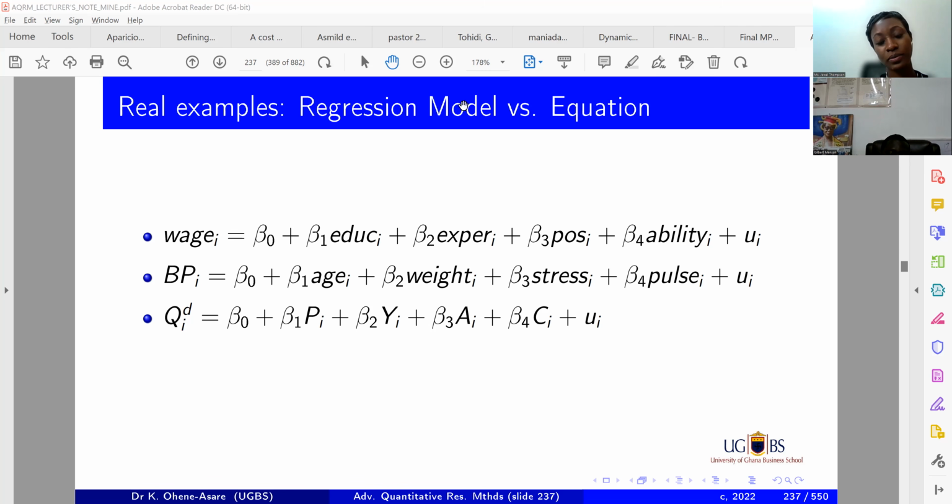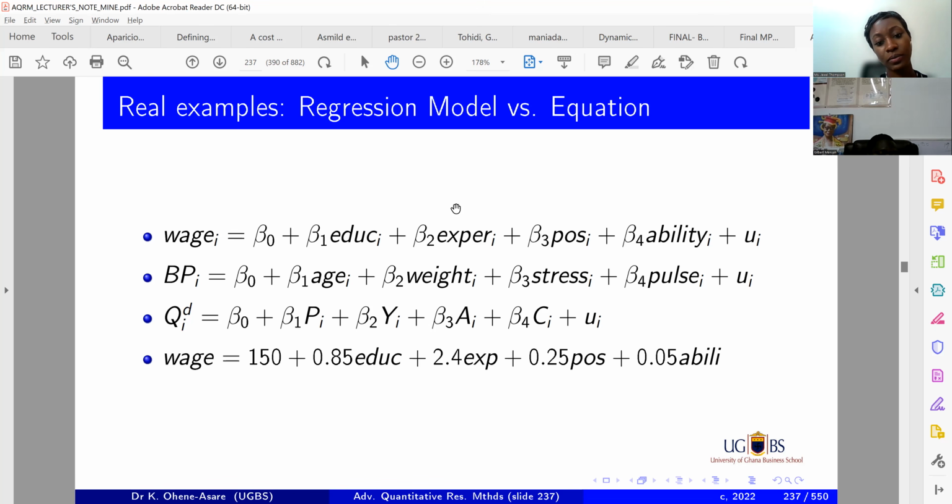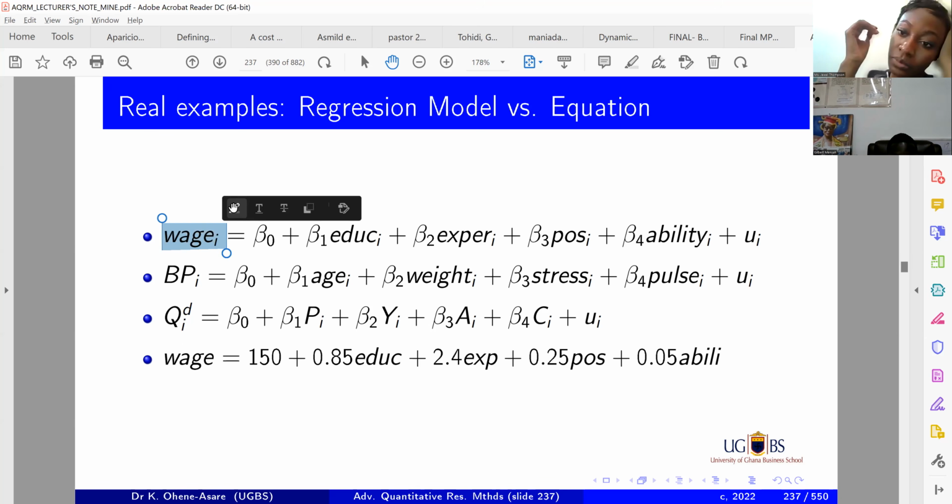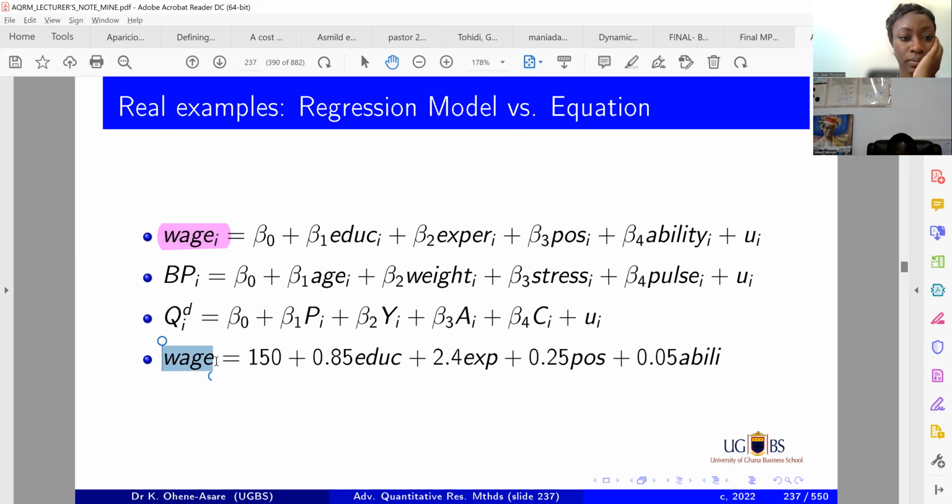Yes, sir. All right. Now, let's look at the last one here. The last one is not a regression model. It's a regression equation. If you look at the first one and the last one, they are both wages.